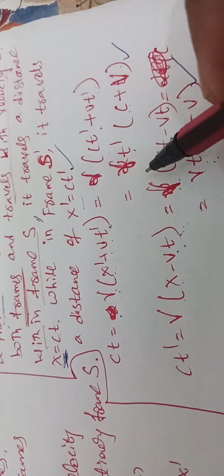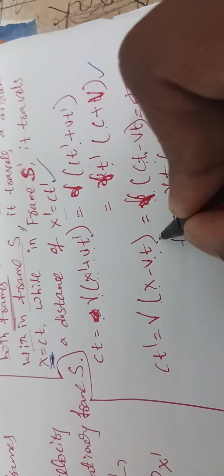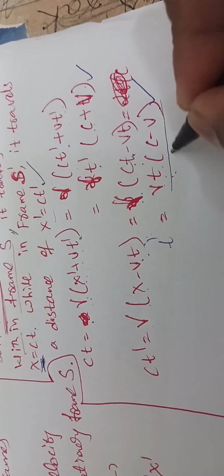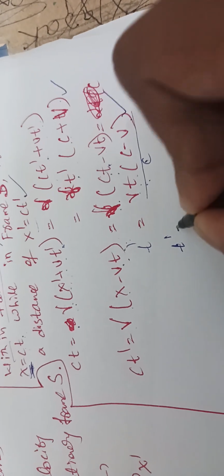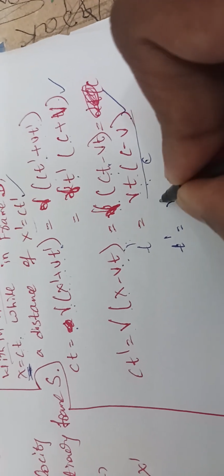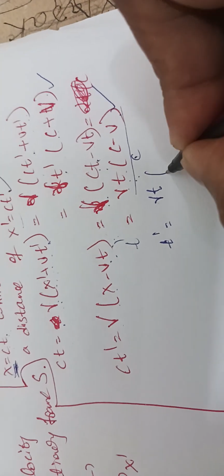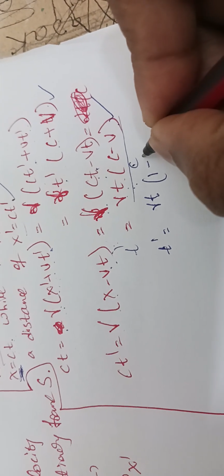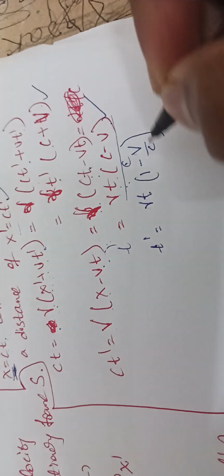Here you can notice these are the two equations in terms of time. Further you can make time the subject, t dash, and send the c to this side. Then this equation can be rearranged: t dash equal to gamma into t, and c by c is 1, minus v by c when multiplying inside.